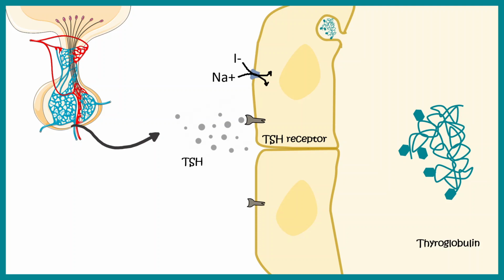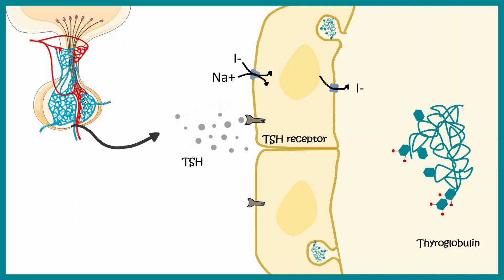Also, there is iodine uptake by these cells, and there are specific receptors and ion channels which can allow the dietary iodine to be taken in by these cell types. Iodine is crucial for the production of thyroid hormone, and that's a piece of information you should always remember. Now, inside the colloid, there would be iodination of thyroglobulin, which would ultimately produce the thyroid hormones.